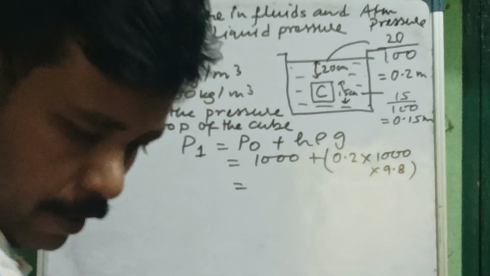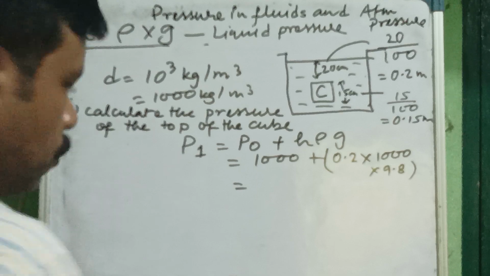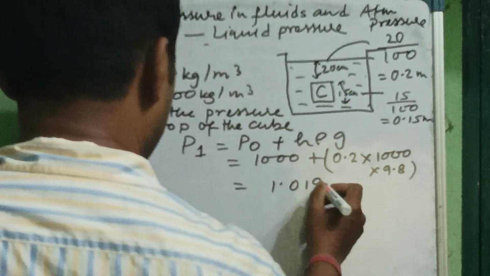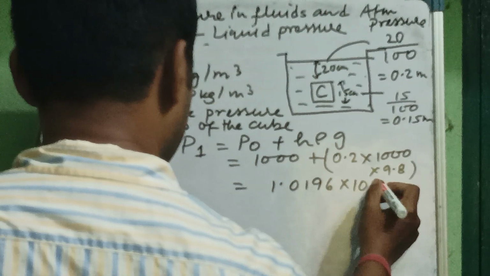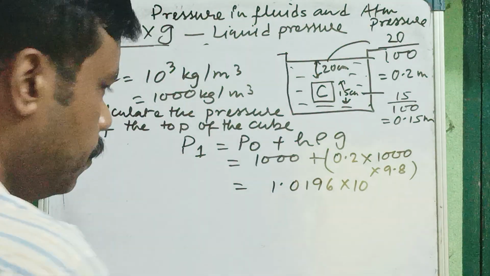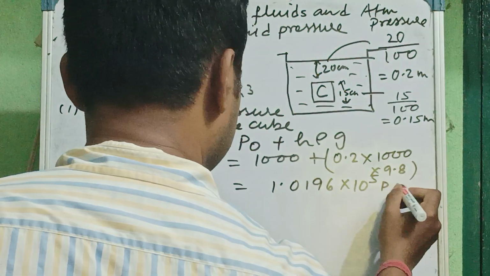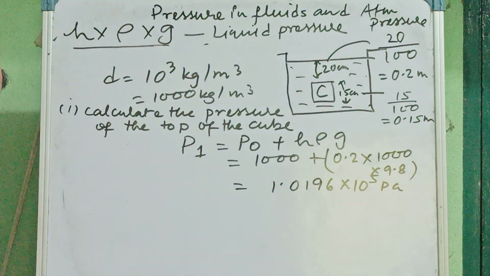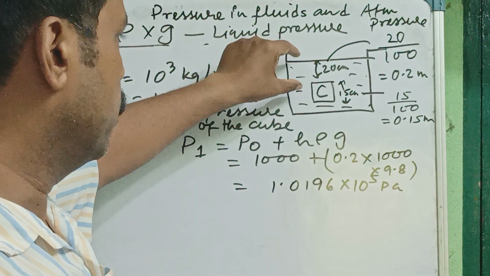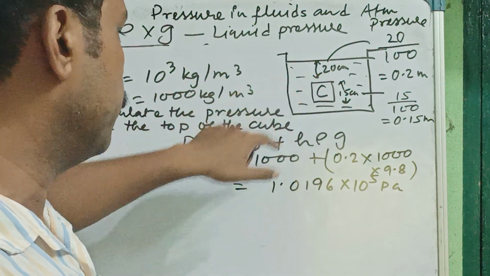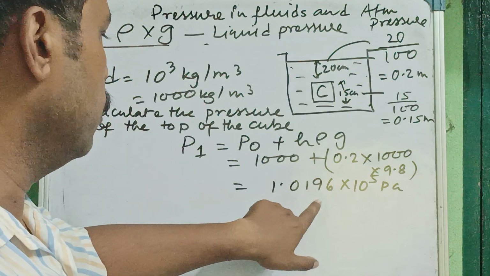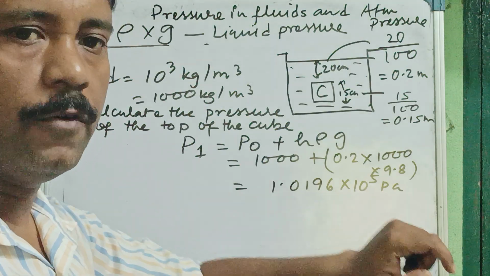We get the answer as 1.0196 into 10 to the power 5 Pascal. So on the surface of the cube at 20 centimeter depth, the pressure is 1.0196 into 10 to the power 5 Pascal.